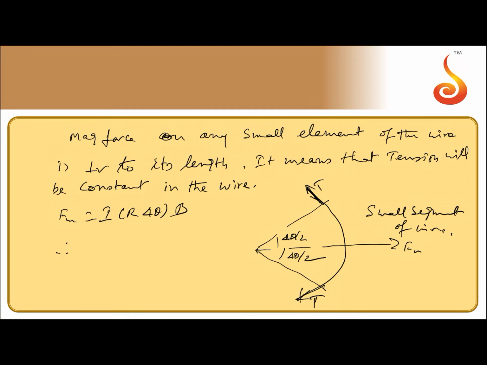So therefore 2T sine delta theta by 2 will be equal to I R delta theta into B. So therefore T will be equal to I R B. So R will be equal to T by IB, constant.